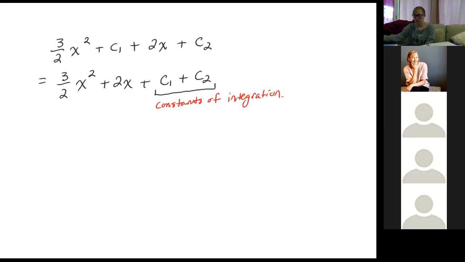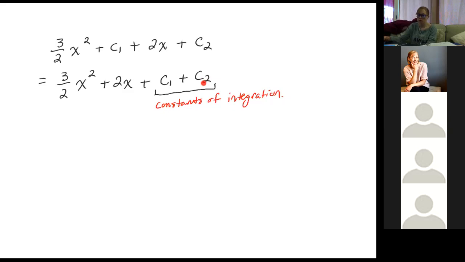This might get a little troublesome if I have to add some constant of integration every time I split up a sum of functions into different derivatives. But one thing we might note here is I have no idea what these constants are, but I do know that their sum will also be constant. If I add 2 to 4, then 2 is a constant, 4 is a constant, 2 plus 4 is 6, also a constant.